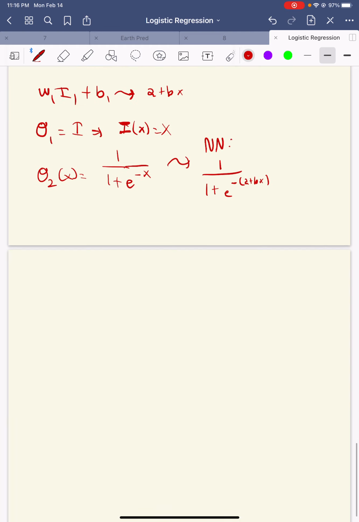And then you would do your normal back propagation stuff with the loss function minus L equals minus the sum i equals 1 to 20, yi log pi plus 1 minus yi log 1 minus pi.